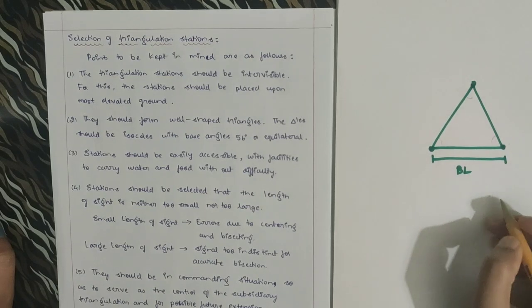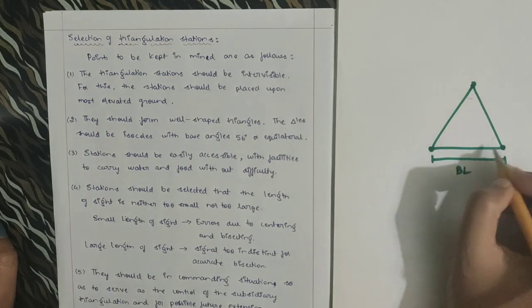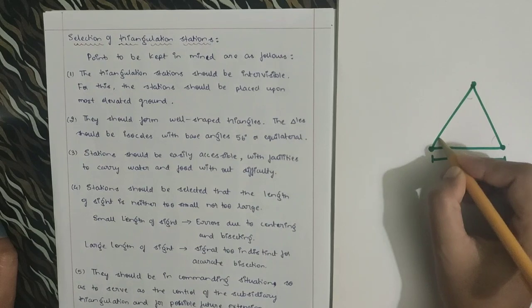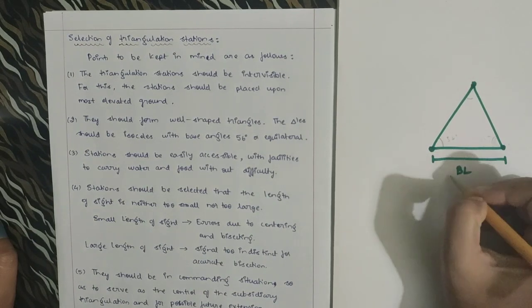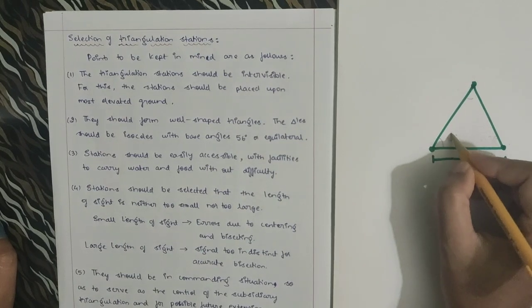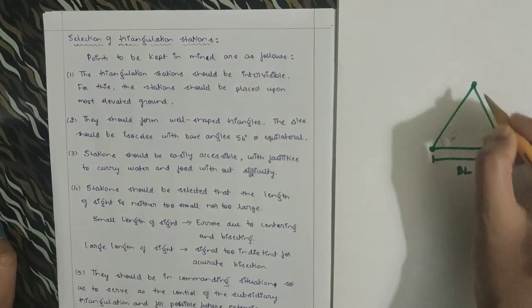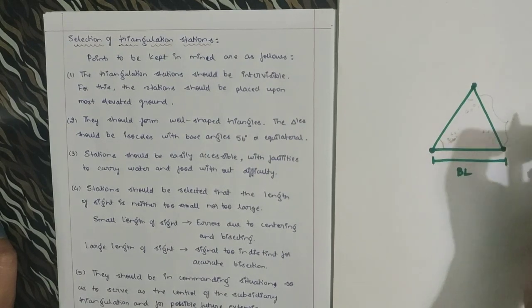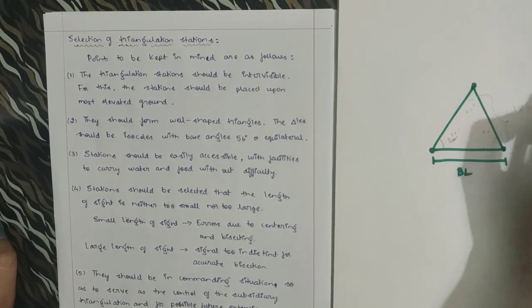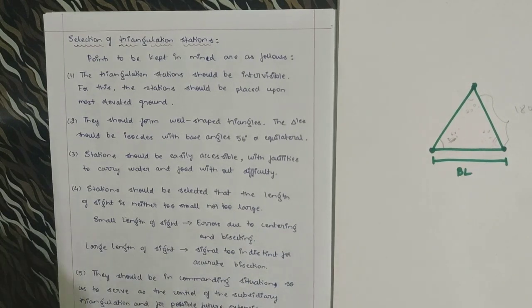So what should that be? The base angles should be 56 degree, or an equilateral triangle, that is 60 degree, 60 degree and 60 degree. Adding these three angles you will get 180 degree, so that your triangle is a well-conditioned triangle.